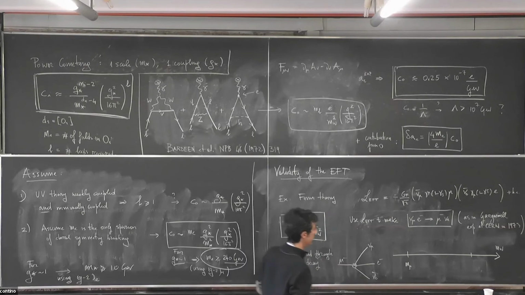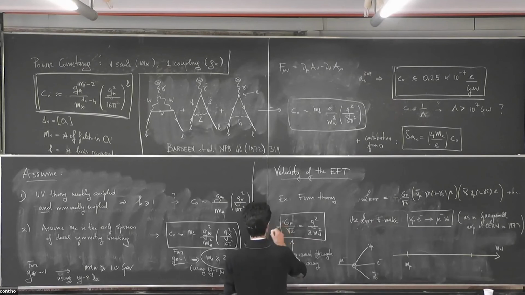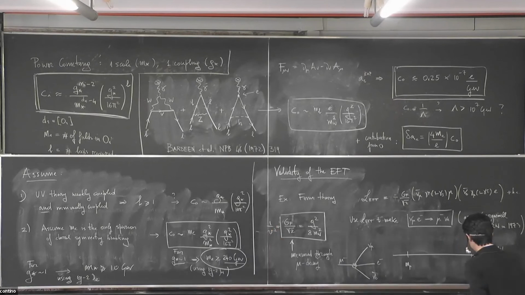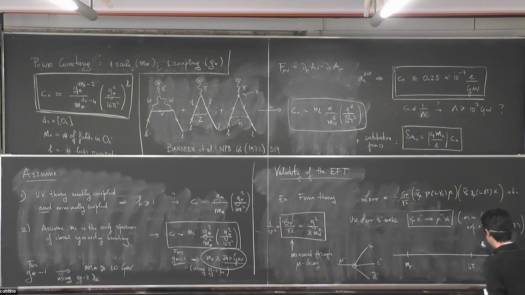So this is where, if you call this 1 over b squared, it's the value of MW where you lose perturbativity and you get a maximally strong coupling, and the physical scale is 4 pi times b, which you know is of a few TeV.